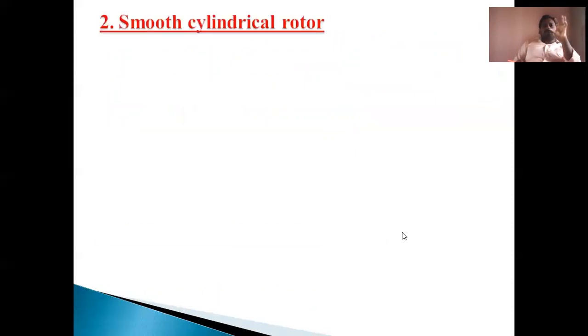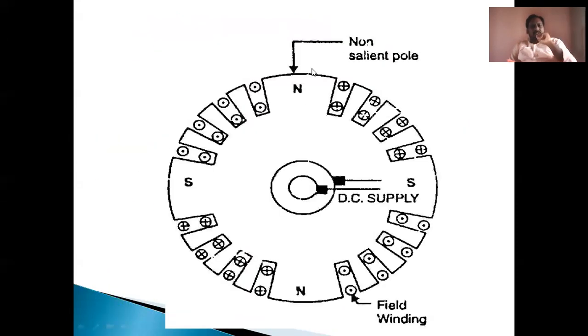Coming to the non-salient pole rotor, what we already discussed earlier is that the poles are located on the surface of the rotor. That is why this type of rotor is called a non-salient pole type rotor. North, south, north, south.